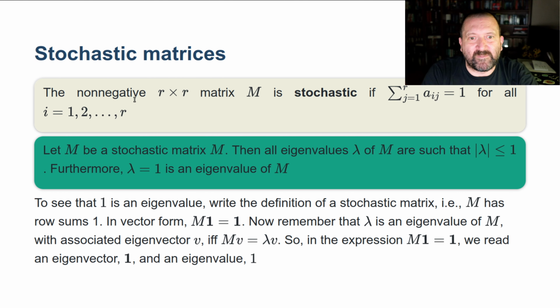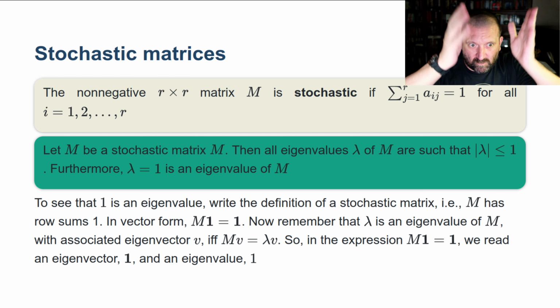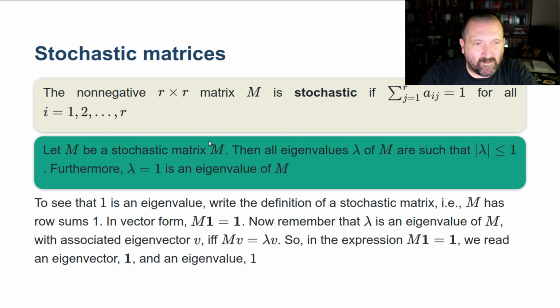I should point out, typically we would say that the matrix here is row stochastic. It could also be column stochastic, where the columns would have sum 1, or it could be doubly stochastic if it had both rows and columns summing to 1.